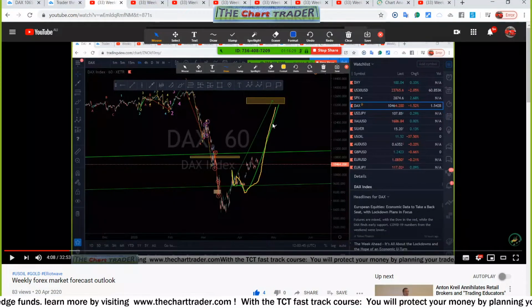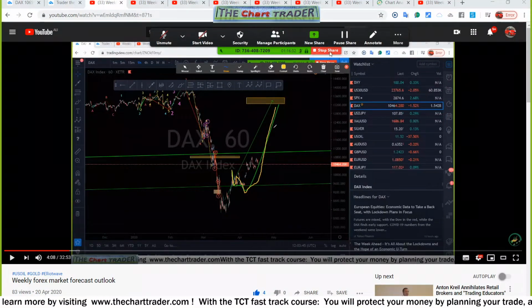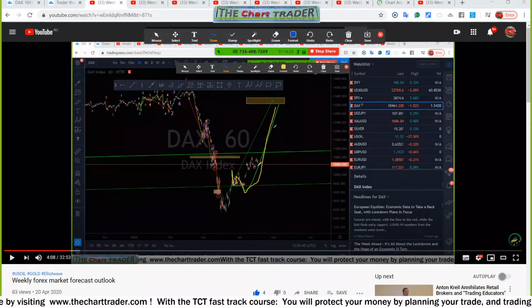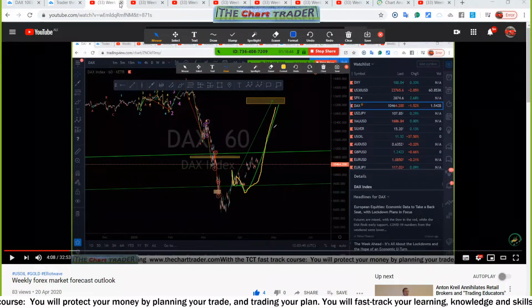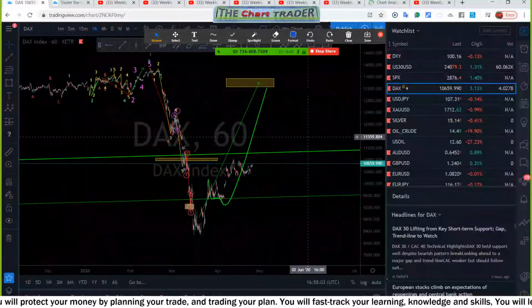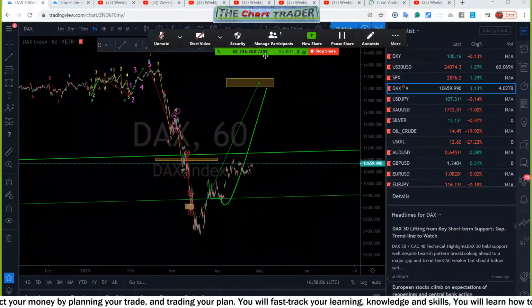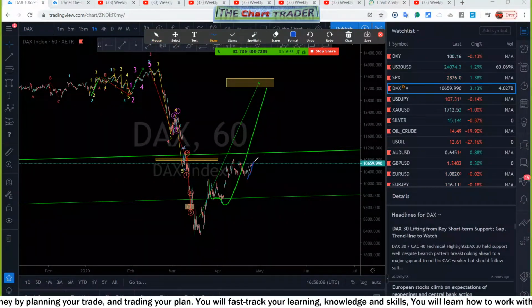So focus on the buy on this pair for now. I still can see them coming more up to the upside, guys. Even if they play here, we're still coming to the upside, at least to this level. So we are only buying on DAX. Let's go back to the chart and see what's happening. Same here, we're still going up.